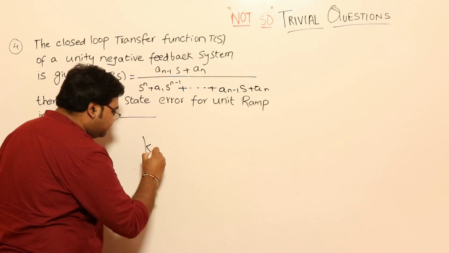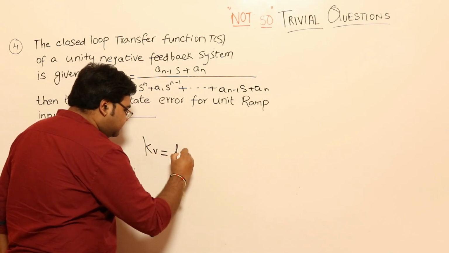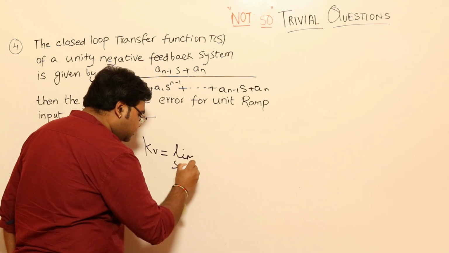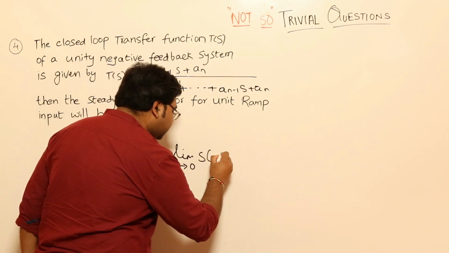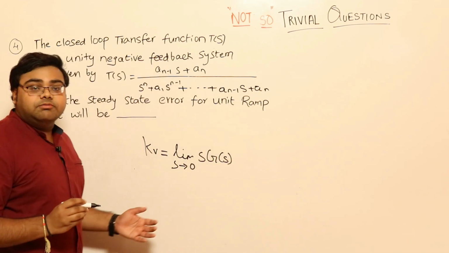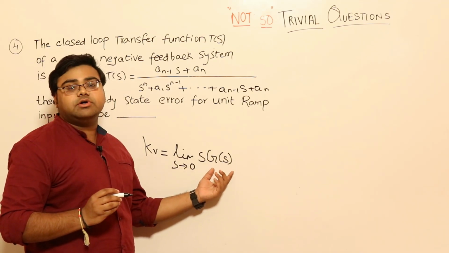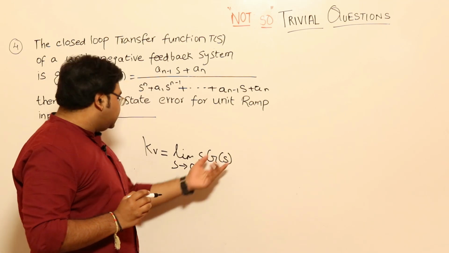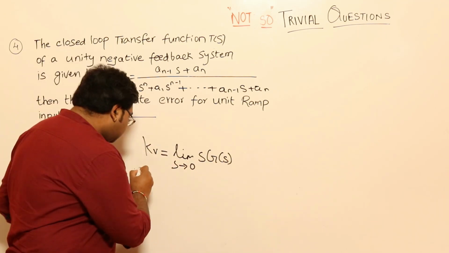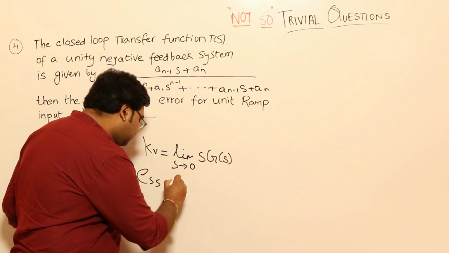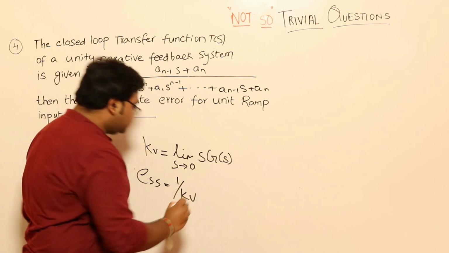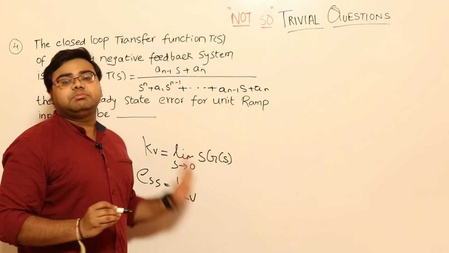My KV is nothing but limit s tending to 0, s into G of s. Now my first priority is to find G of s. If I find G of s, the rest is very simple, because obviously my ESS is nothing but 1 upon KV. The moment I find this, my problem is solved.